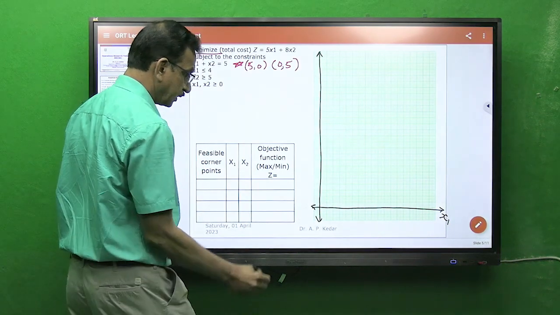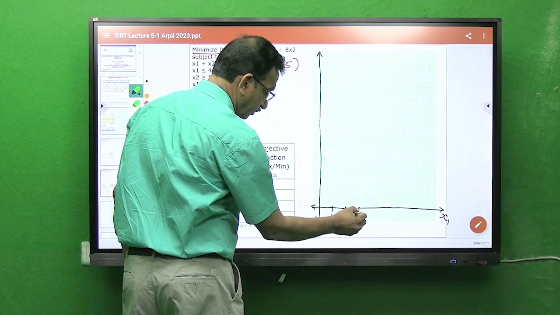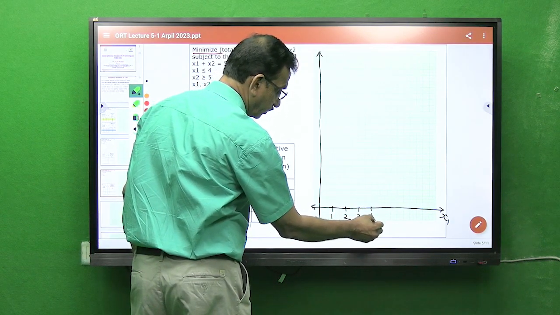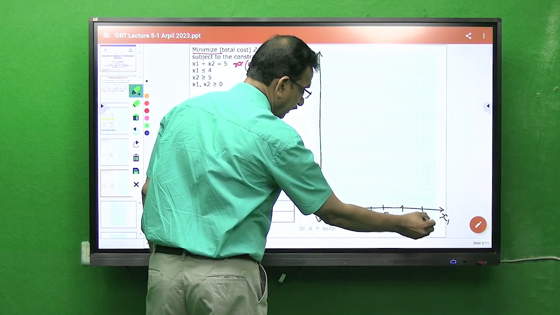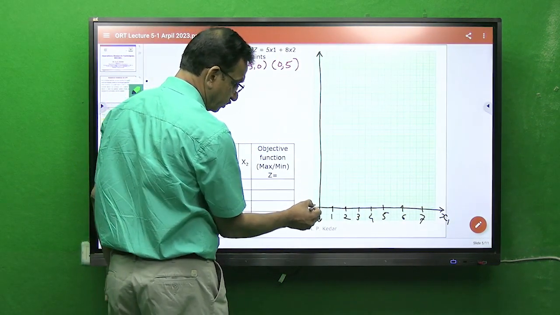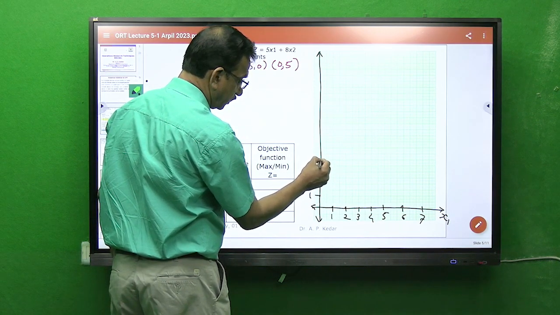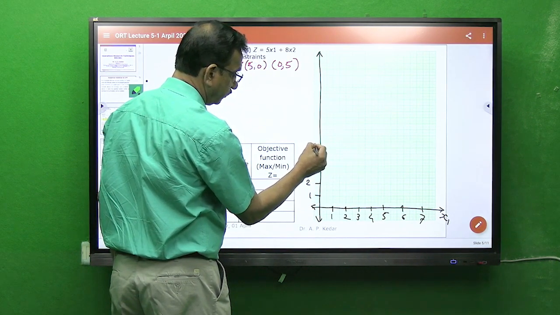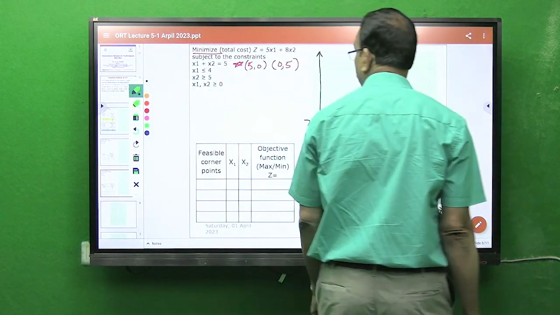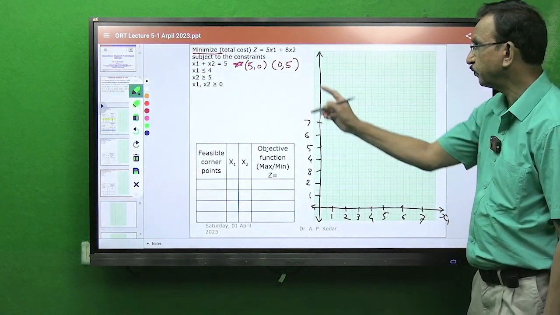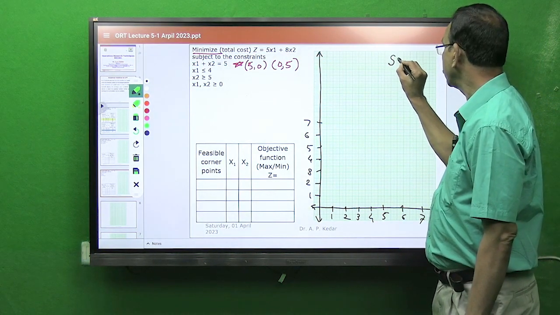Now for clear cut understanding, again we are keeping the distance 1, 2, 3, 4, 5, 6, 7, like that. On this axis also 1, 2, 3, 4, 5, 6, 7. The maximum I know it is less than equal to 5. So I am giving up to 7.